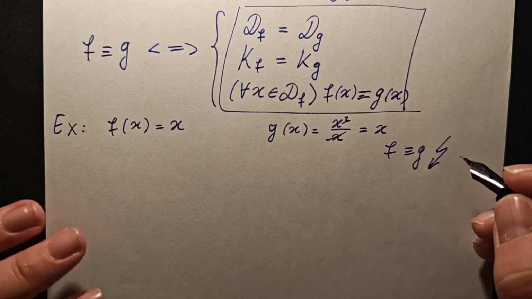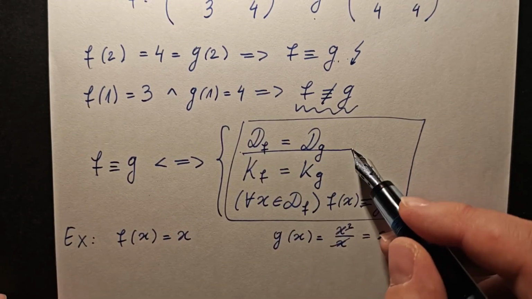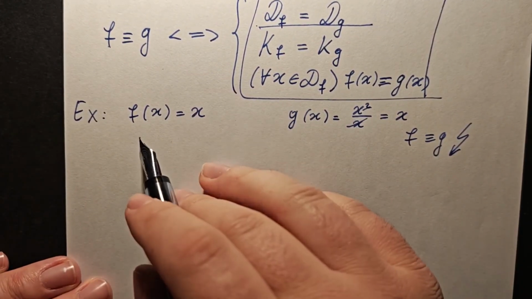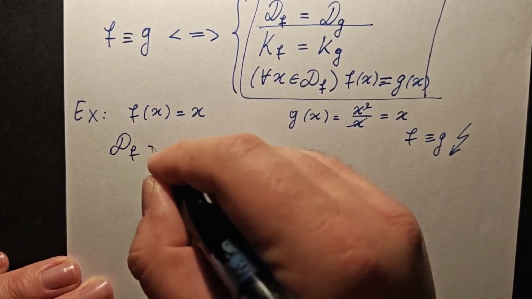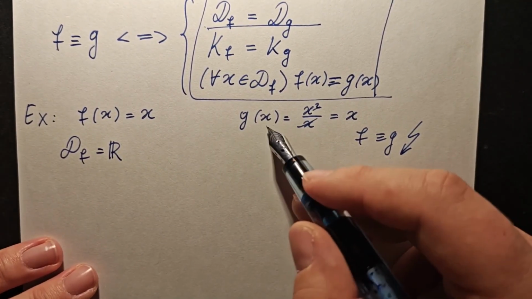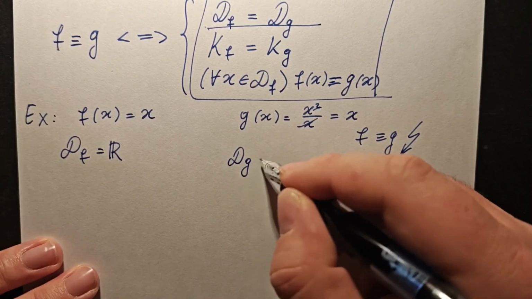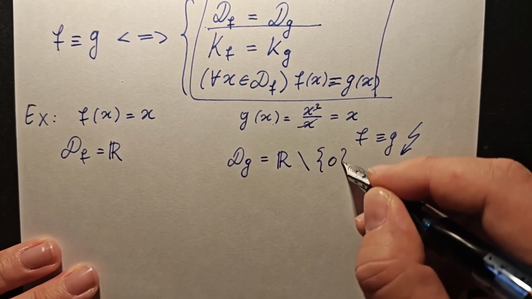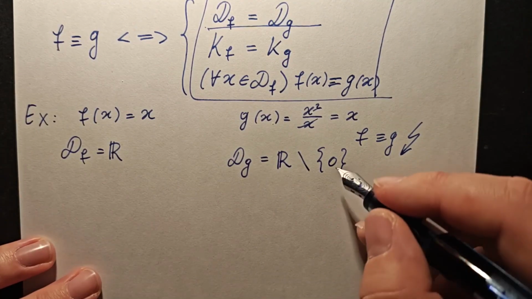That's wrong. Why? Because of the domain. The domain of function f is the entire set of real numbers. What is the domain of the function g? Well, that is the entire set of real numbers except number 0. Why?